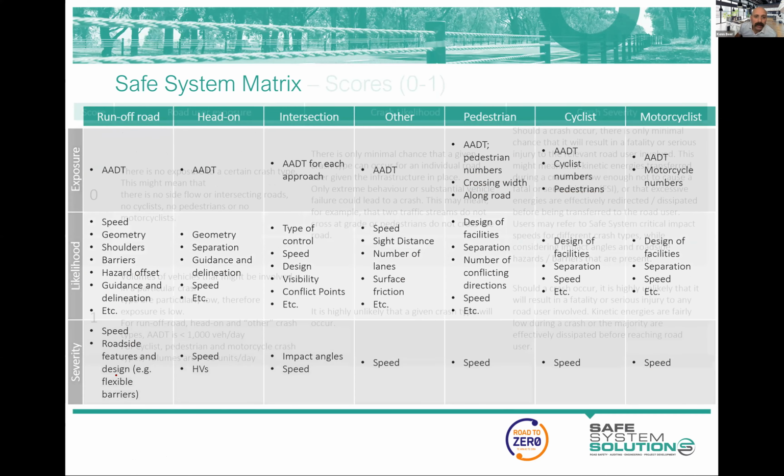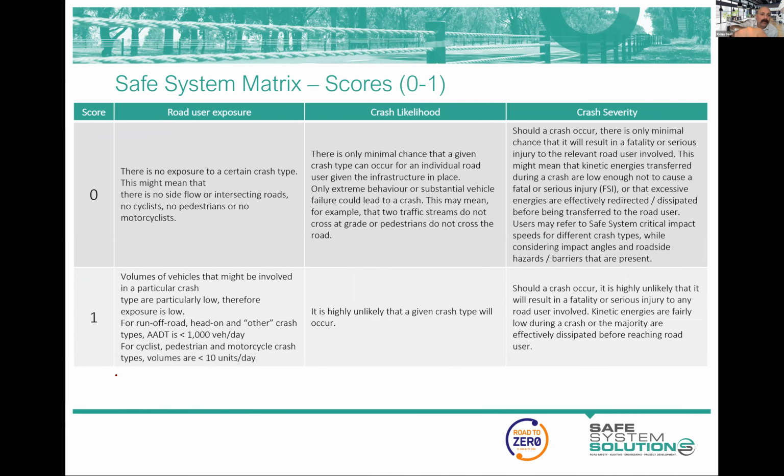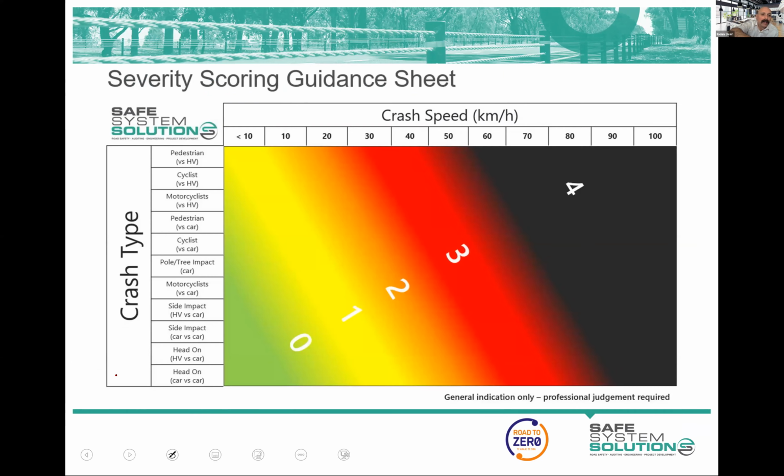Now, if I went to the thing and I said, okay, what do we got here? We've got car, pole, or tree is one that I was interested in. I don't have car and roll over here, but I know it's less severe than that. And what are we saying here? This is a 60 kilometre per hour road, so it's sort of somewhere sitting in there. I've got red on red. That's not going to come up too well.